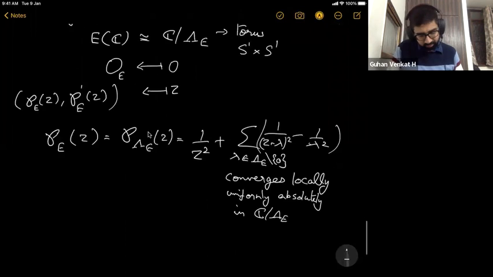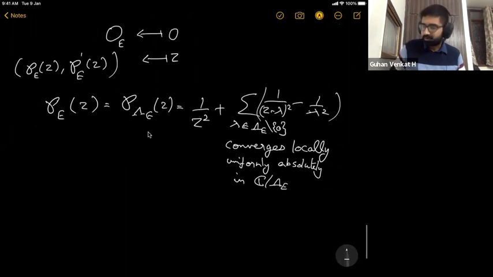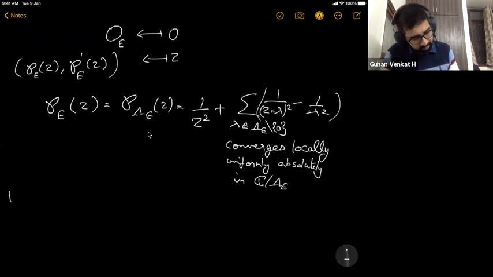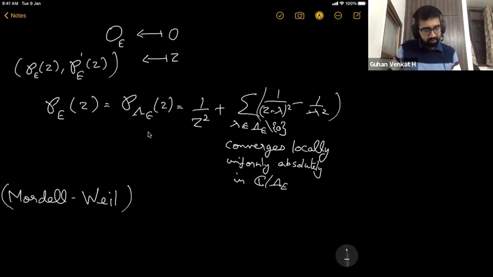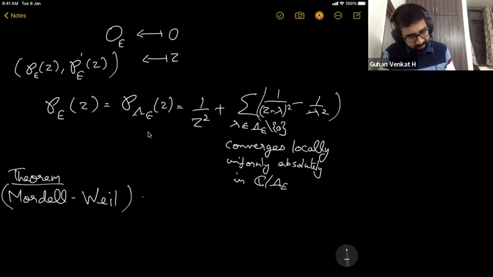So this is just a quick introduction, but certainly more interesting to me is the following theorem of Mordell-Weil, which happens when you look at elliptic curves over number fields.